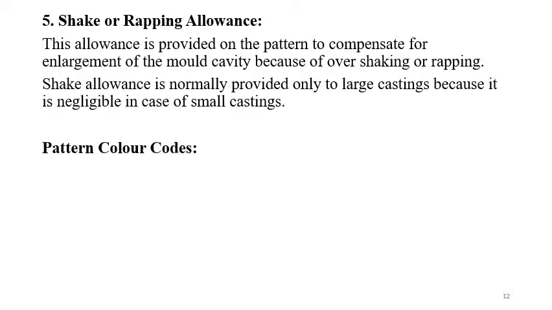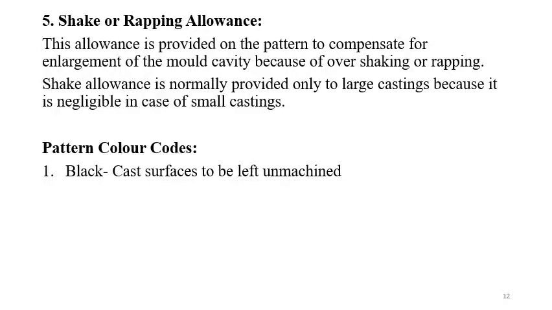Pattern color code is also important, as per the standard. Black color indicates a cast surface to be left unmachined, not necessary for machining, and red color indicates a cast surface to be machined. After solidification we get the component, and the component is sent to the machine shop if machining is required.